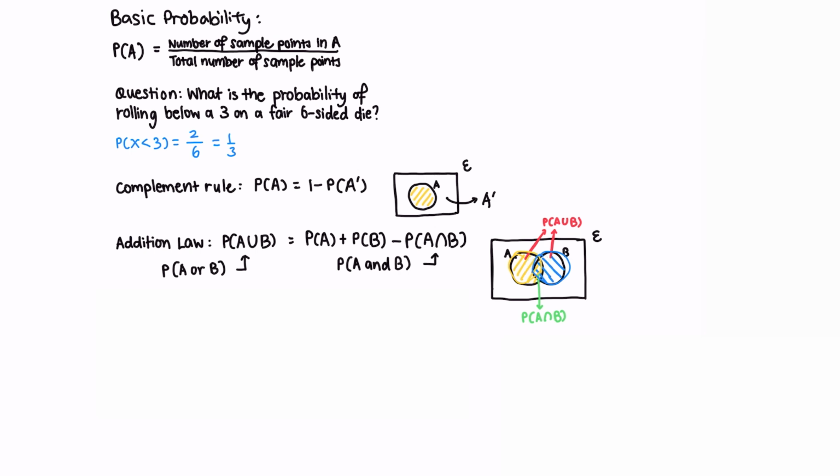So if we minus the probability of A intersect B, we will just get the probability of A union B, which is this whole red thing. In English, this actually just means A or B happening. And this means A and B happening. So if you see something like this or this in your question, you will know how to match it to mathematical notation.